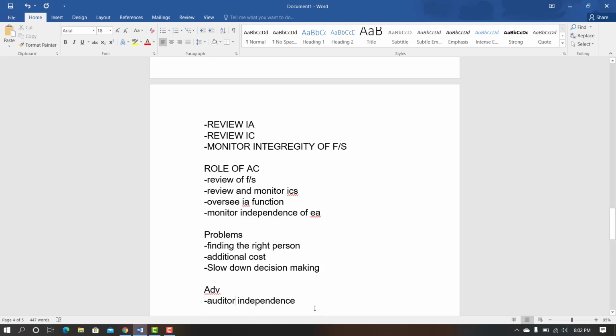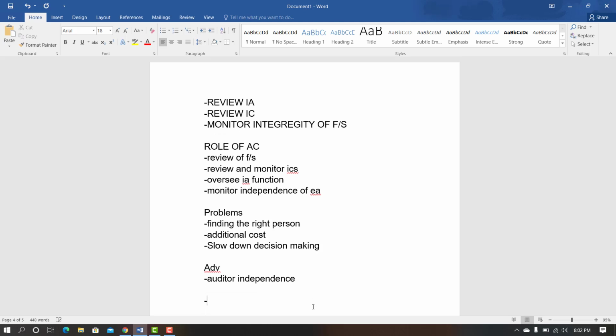And second is keeping an eye on the quality of audit work.